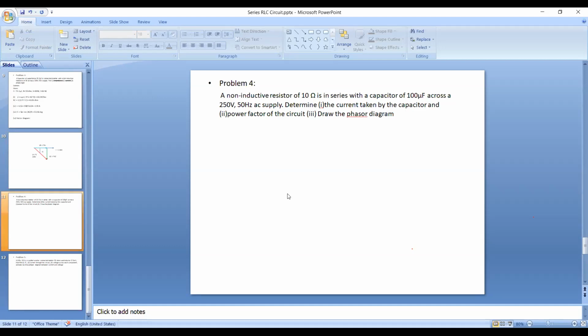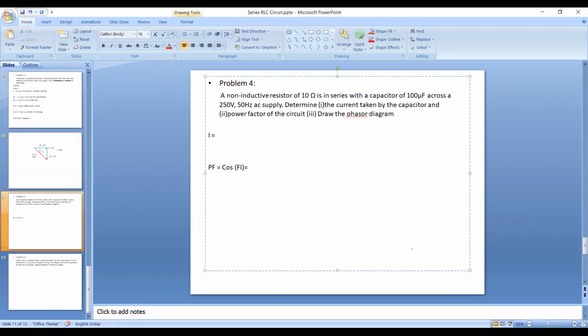Problem number 4, I'll leave it to you. Please tell me, I'll be waiting for the answers. I is equal to, and the second part is the power factor. What is power factor? Cos of phi. And then the phasor diagram.